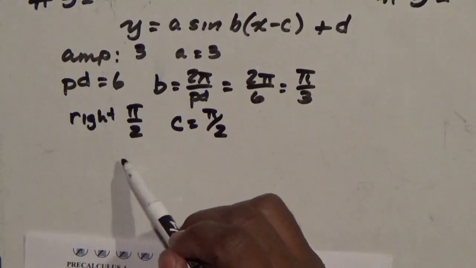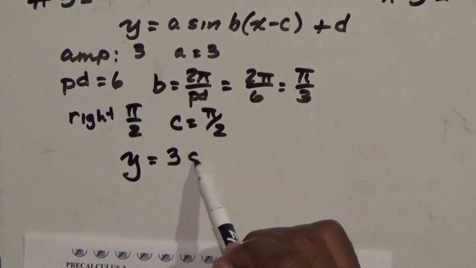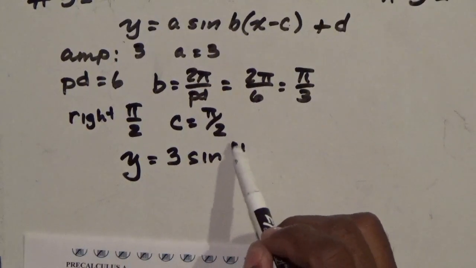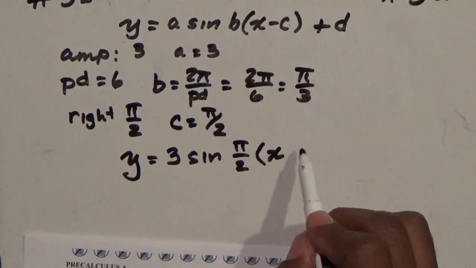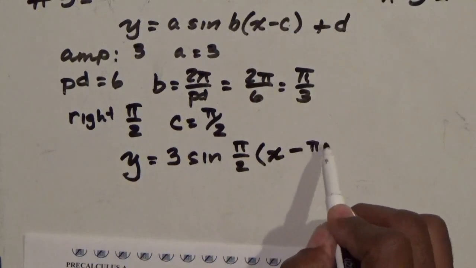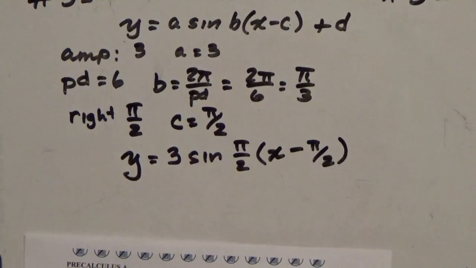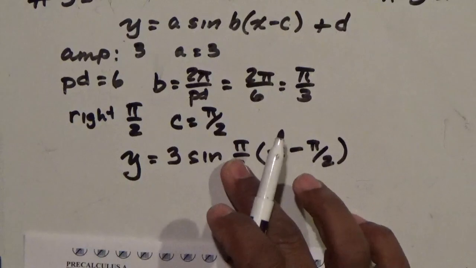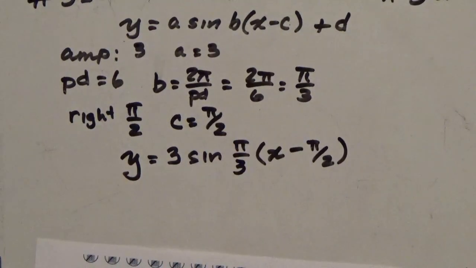So our equation should be y is equal to 3 sine pi over 2 times x minus pi over 2. I felt like I did something wrong, and I did. This should be pi over 3, sorry. Not a good way to start off the videos.